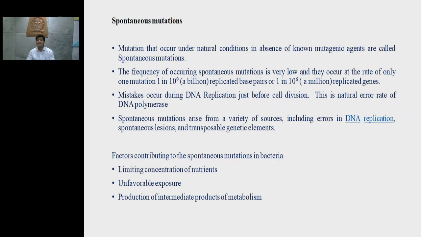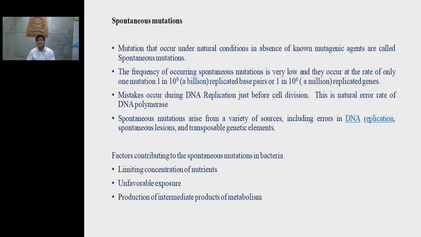So there is a very low possibility of causing mutations. Mistakes occur during replication of DNA just before cell division, or due to the natural error rate of DNA polymerase. There is a possibility that during replication DNA polymerase adds a wrong nucleotide and fails to repair that part.